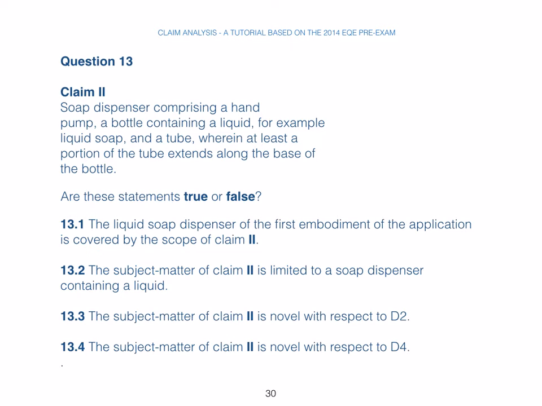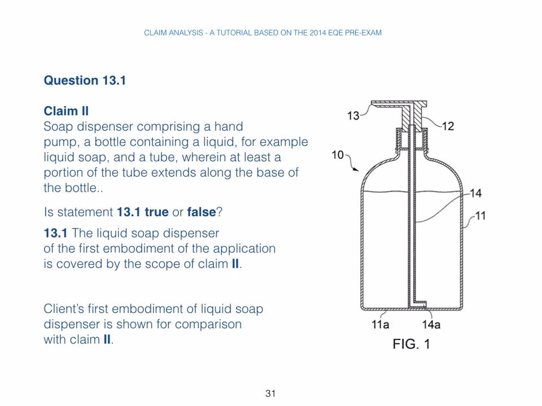Let's take each statement for claim 2 in turn. So here we have figure 1 of the first embodiment of the invention, and the statement is: the liquid soap dispenser of the first embodiment of the application is covered by the scope of claim 2. So here we have to compare.